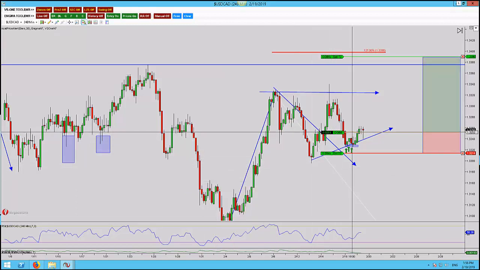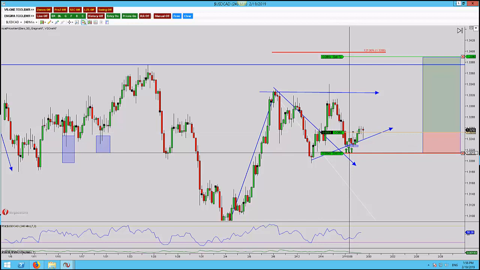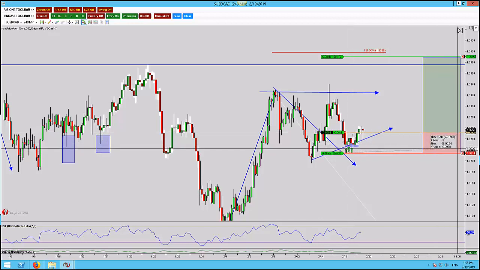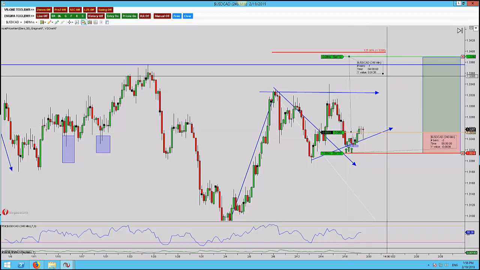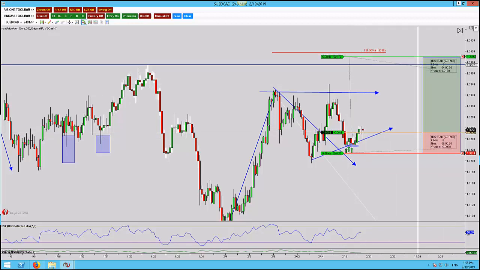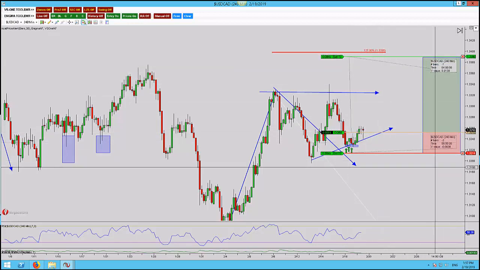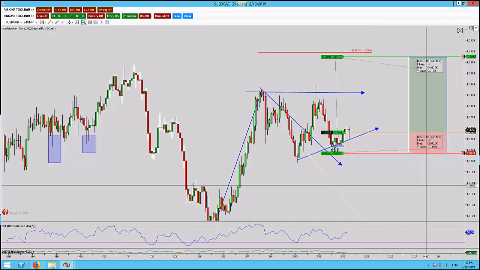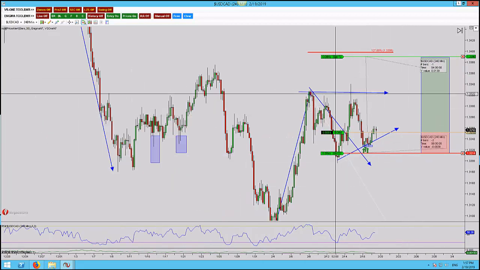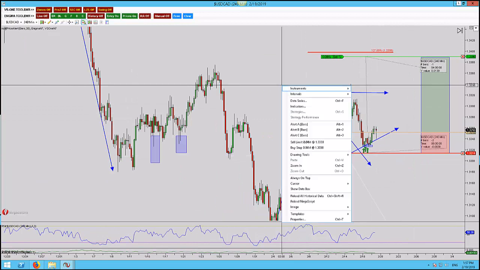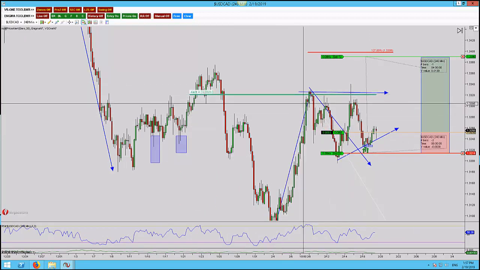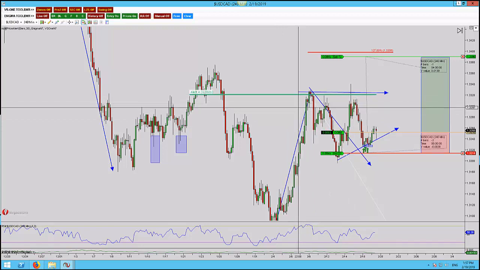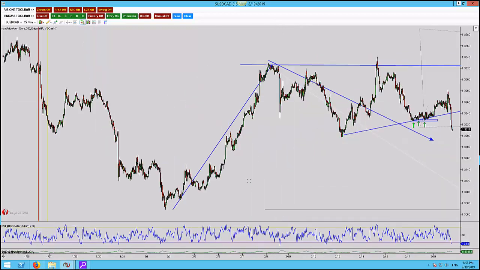And we're looking at, in terms of risk, 38, so a bit more risk than I wanted, but again I waited for additional confirmation, and 138 there, so we're looking at just over a 3-to-1 risk to reward on this trade. And I'll set an alert to see if we can get up to the tops here, maybe come back, do another part of the video, and then hopefully go and up to hit those targets.